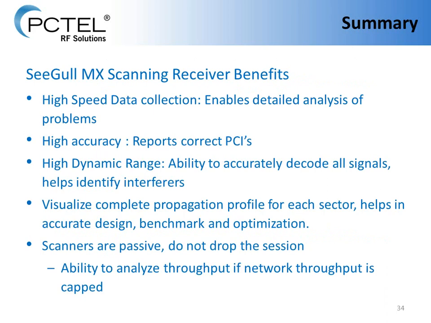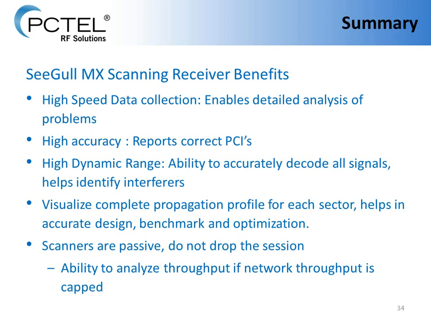And to summarize some of the benefits of having a scanner receiver, number one, the ability to have high-speed data collections. This enables very, very detailed analysis of problems, and you can feed all the data you collected into your propagation models to get a very accurate picture of what your RF environment looks like, as well as have very high accuracy reporting correct PCIs, even when you have very low CINR values.